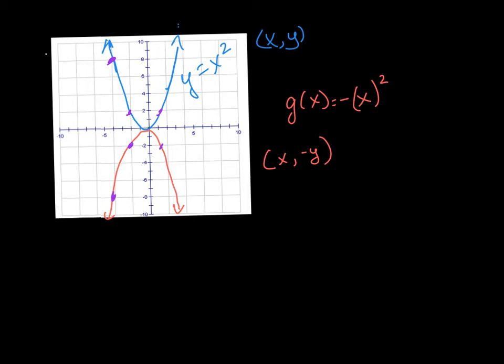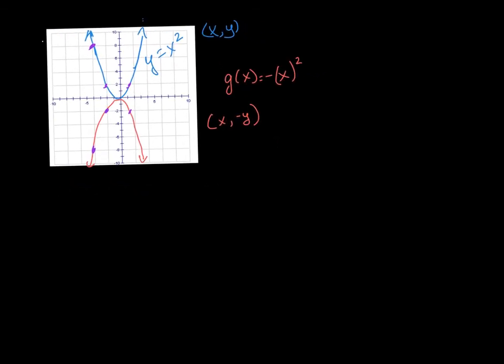So let's go ahead and try a question that puts all of this together. All right, so this is our new function. Let's just call this function f of x, and the points are listed on the graph. I want to graph the resulting transformation of f of x minus 2.